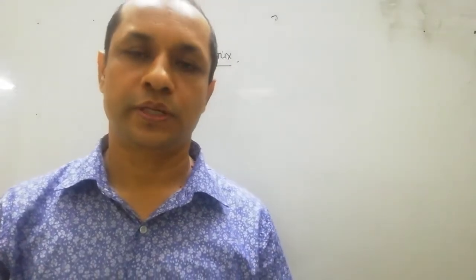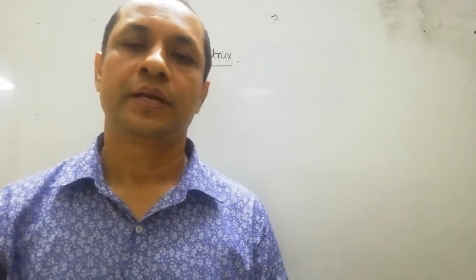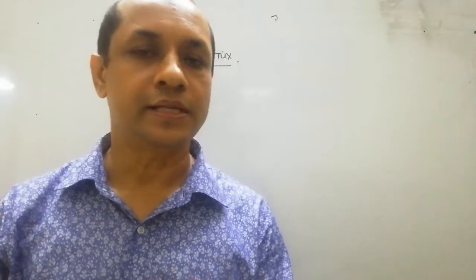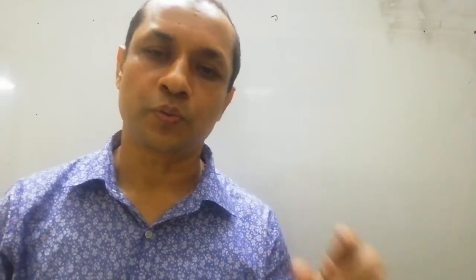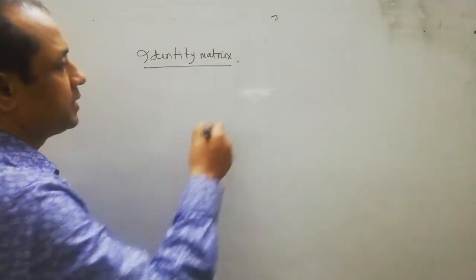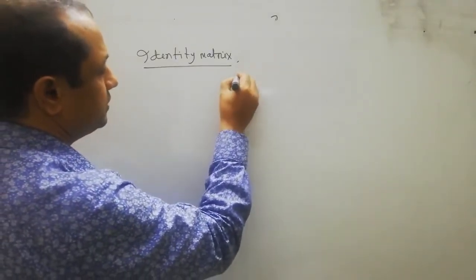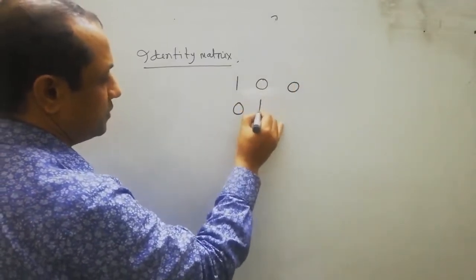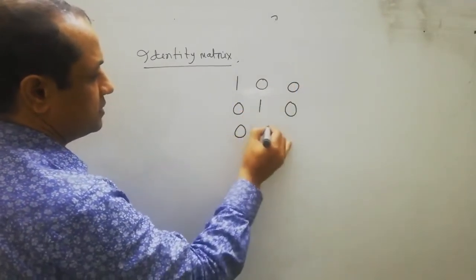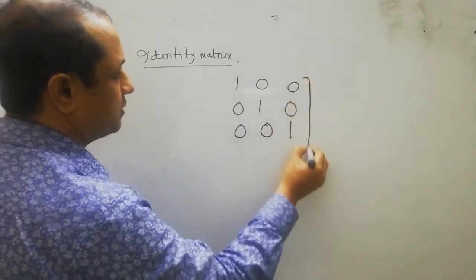I say again, students, an identity matrix is a scalar matrix with all the entries in the principal diagonal equal to 1. So it is called an identity matrix. The identity matrix is denoted by I. For example, students, an identity matrix: 1, 0, 0, 0, 1, 0, 0, 0, 1.